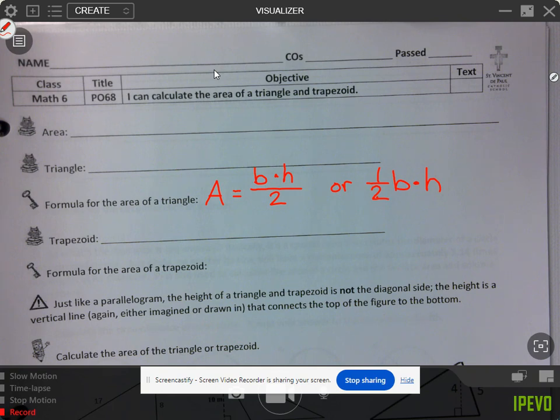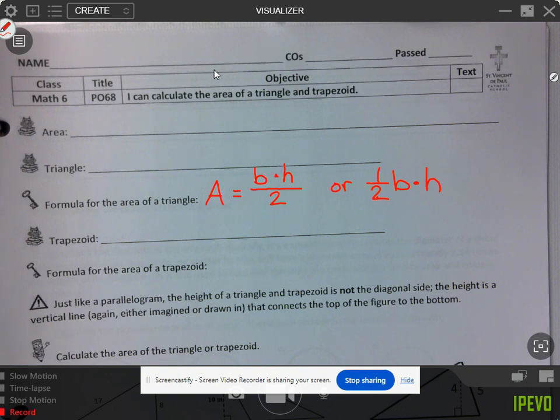Our trapezoid, remember, is a quadrilateral, so there are 4 sides with only one pair of parallel sides. The parallelogram, the bases are parallel and our slanty sides are parallel, but with the trapezoid, only the bases are parallel.